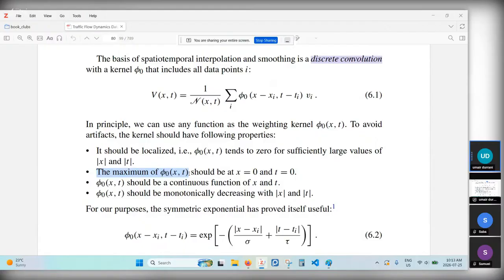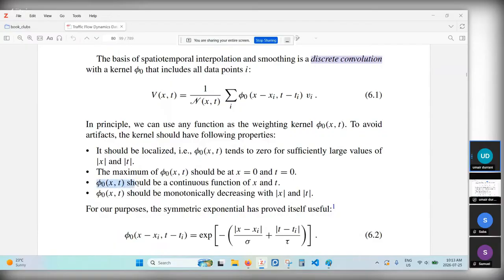We also want the weightage kernel to have a maximum of 1 when x is 0 and t is 0, which means that when you are exactly at the detector and exactly at the time when the speed was reported, the weightage is the highest. We are giving full weightage to that because that is ground truth. As we go away from the detectors and from the times when the speeds were reported, the weightage will obviously be smaller.